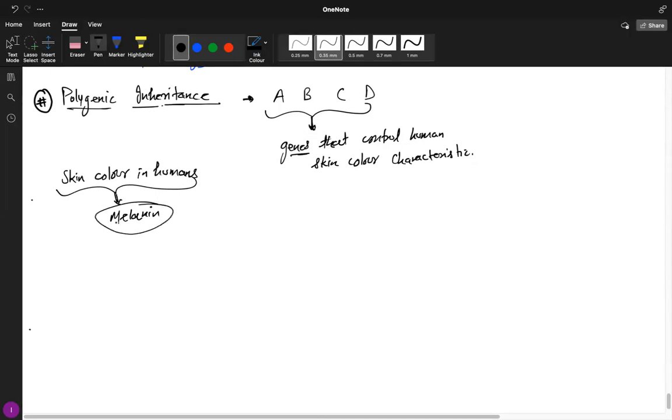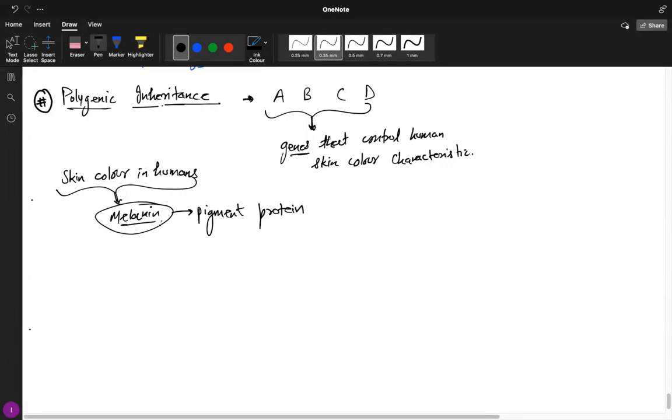What is melanin? It's a pigment protein that forms a natural pigment and hence gives a dark brownish color. Similarly, chlorophyll is also a pigment protein. Xanthophylls are pigment proteins. Carotene in carrots is a pigment protein. So similarly, melanin is a pigment protein.